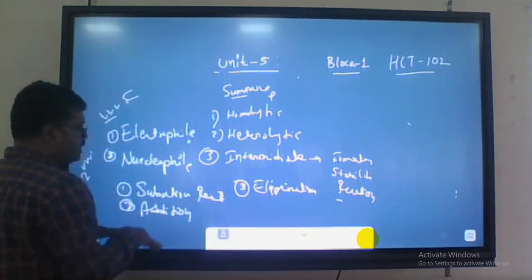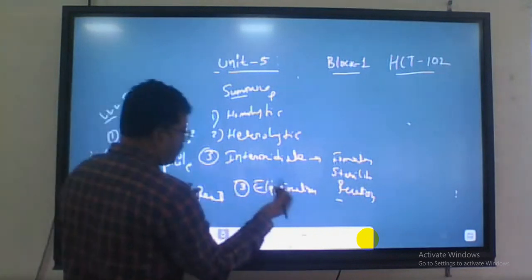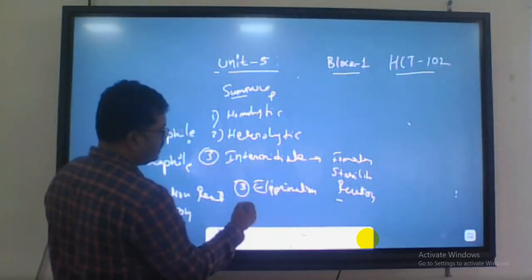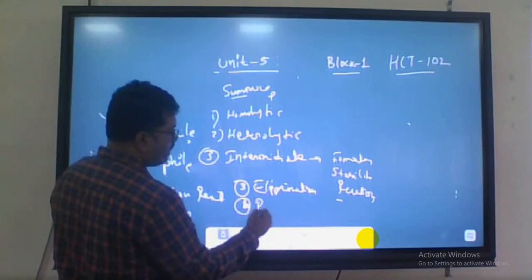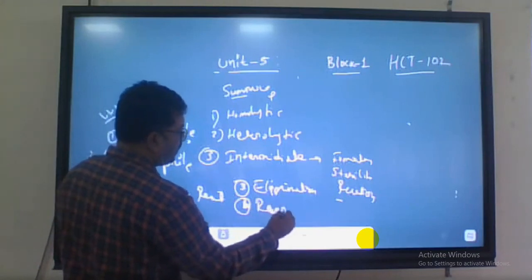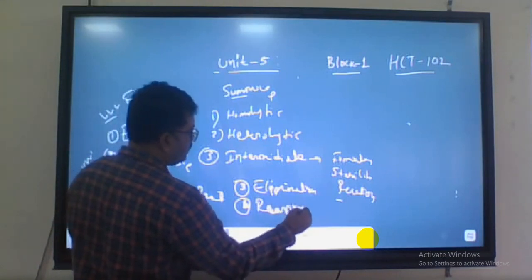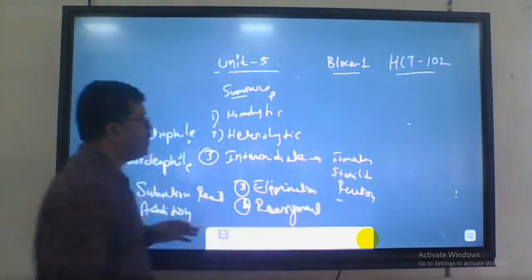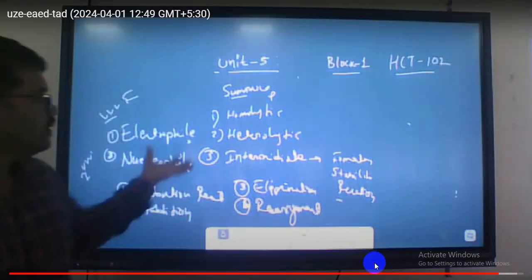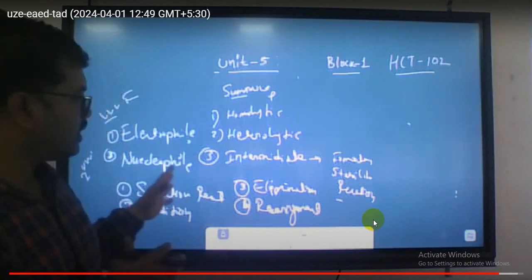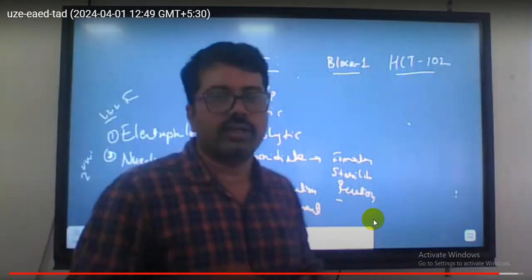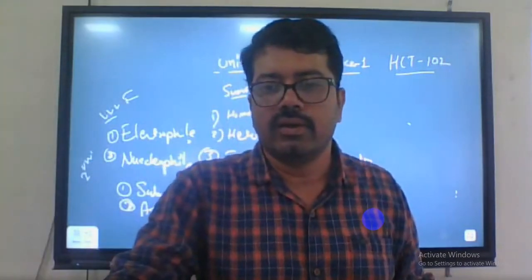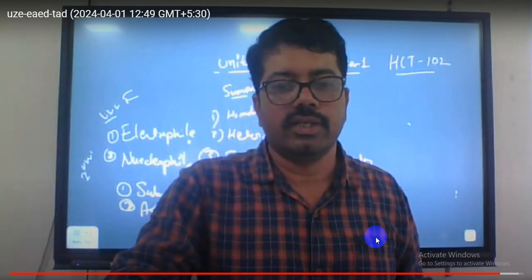Addition means adding to the molecule. Substitution means replacing, for example chloride to OH substitution. The fourth one, rearrangement. So why do they rearrange? We saw in the last example. These are the summary of the unit. If you practice at least, you'll get a complete idea of organic chemistry.